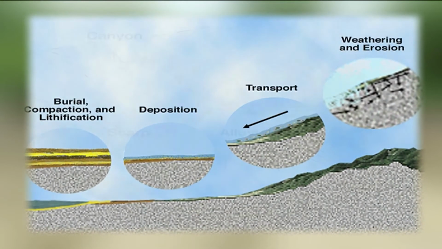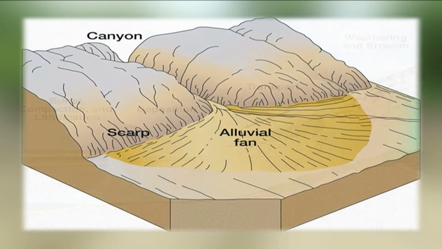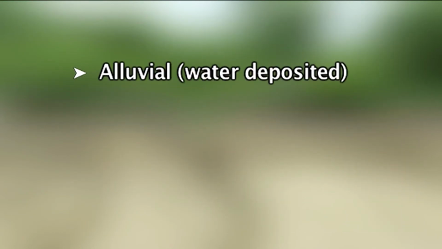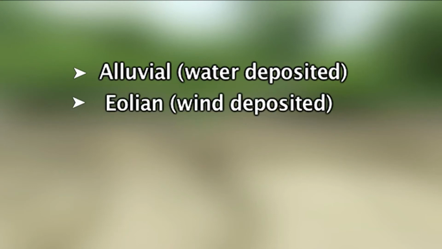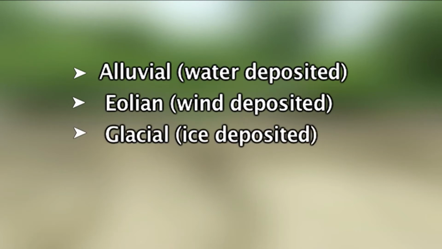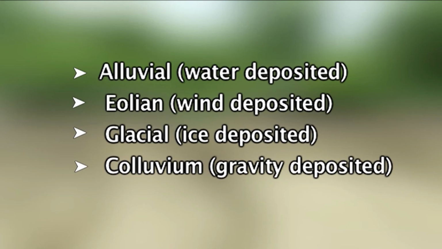And on the basis of the agency of transport, soils can be grouped into different types, such as alluvial, which are water deposited soils, aeolian soils, which are wind deposited soils, glacial soils, which are ice deposited soils, and colluvium or colluvial soils, which are gravity deposited soils.